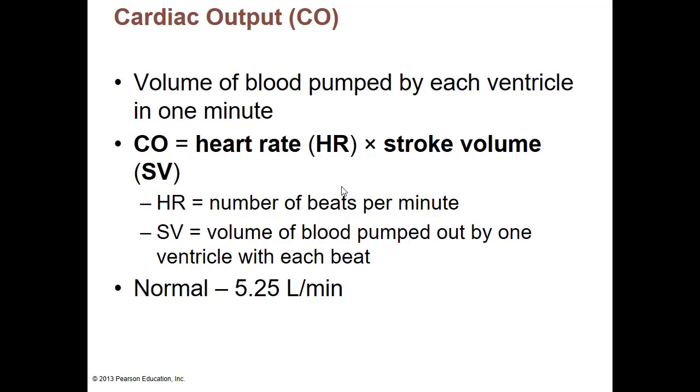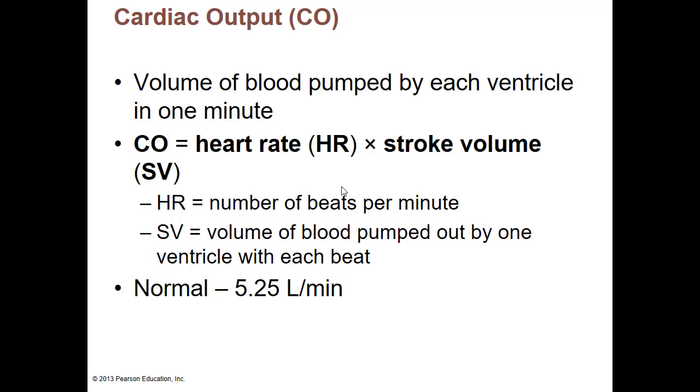What's the difference between 125 and 75? So, on average, you take your heart rate and multiply it by 75 milliliters, and on average, you pump a little over 5 liters of blood around your body every single minute.